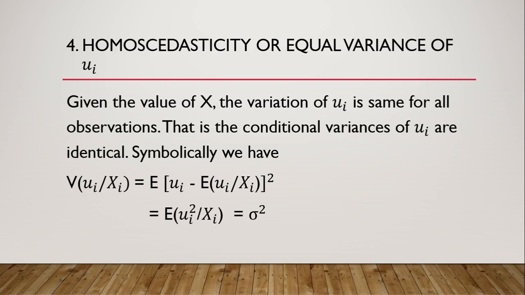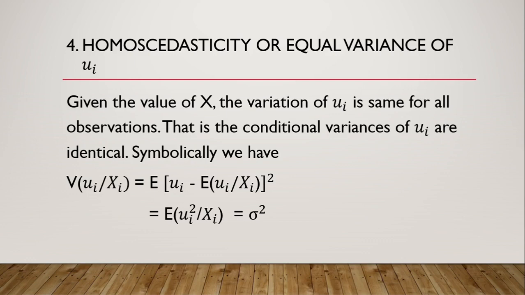With the help of symbols, we can write like this: variance of ui for a given value of xi is equal to the expectation of ui minus the expectation of ui for a given value of xi, the whole square. From the last assumption, we know that the expected value of ui is equal to 0. So that term becomes 0.